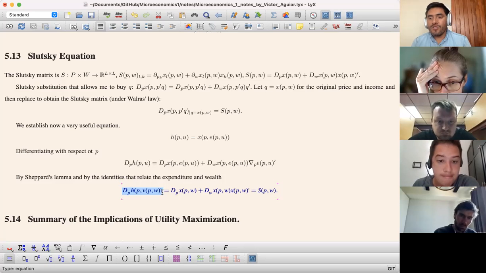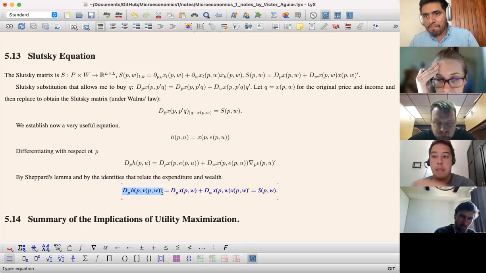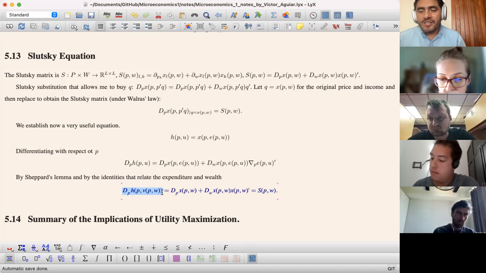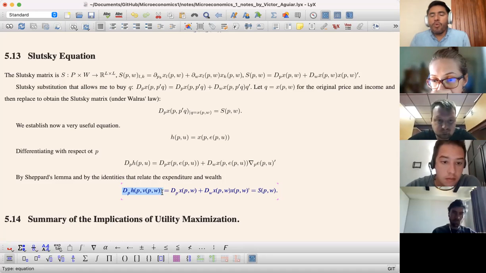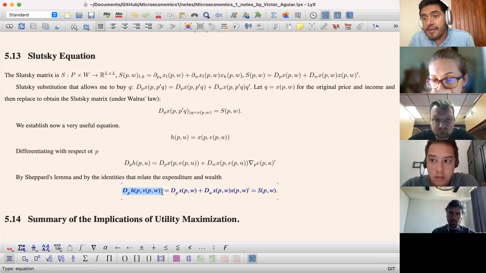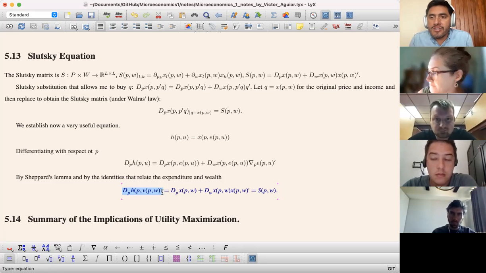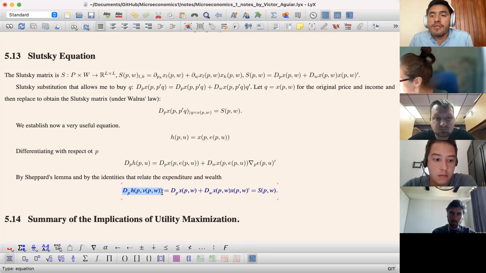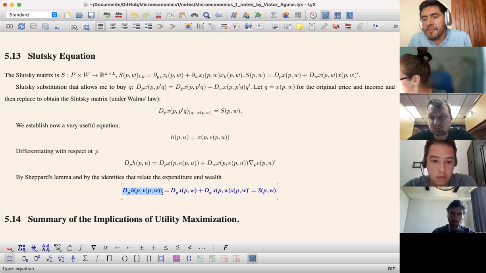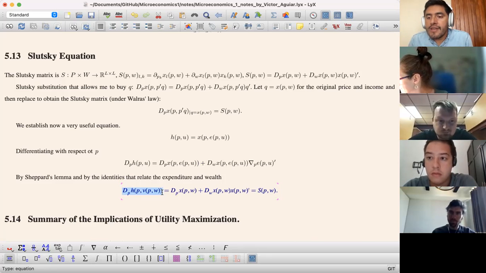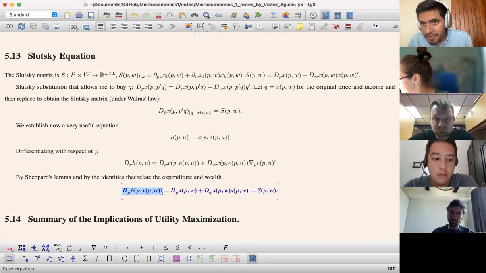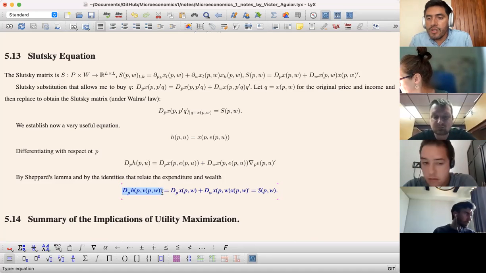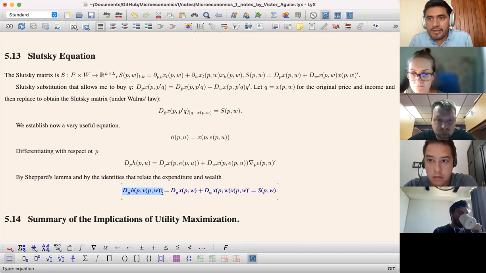Okay, so we did all of this for what? Who remembers, minutes ago, what the properties of the substitution matrix of the Hicksian were? That matrix was, first of all, symmetric. What is a symmetric matrix? Entry ij is equal to entry ji. That's symmetry. The second property was negative semi-definite, which we described last lecture.